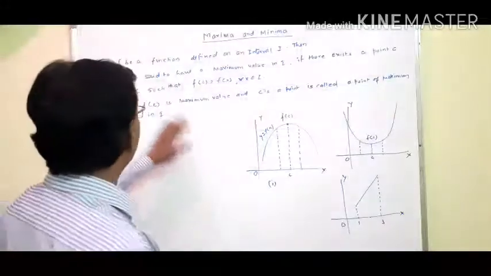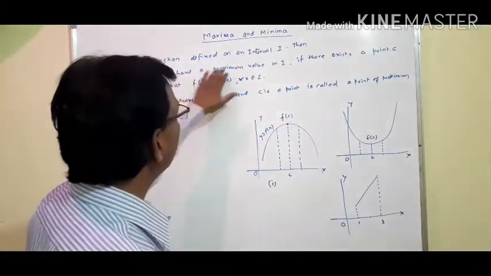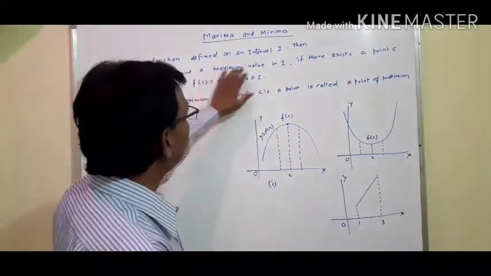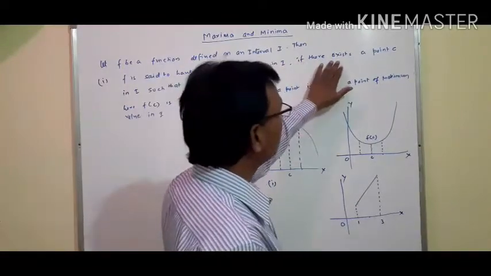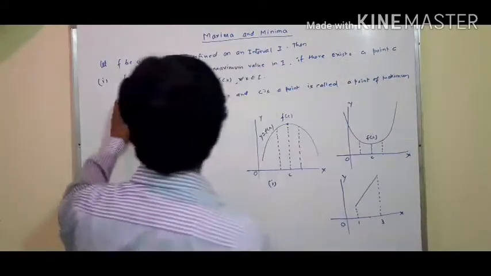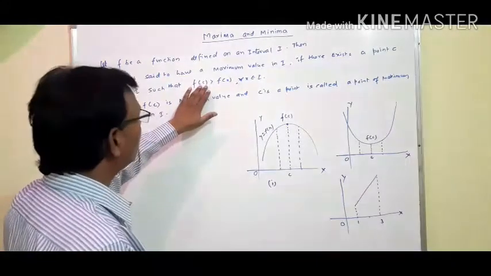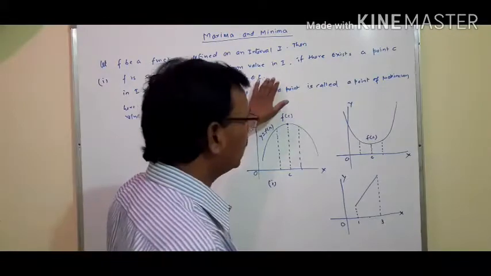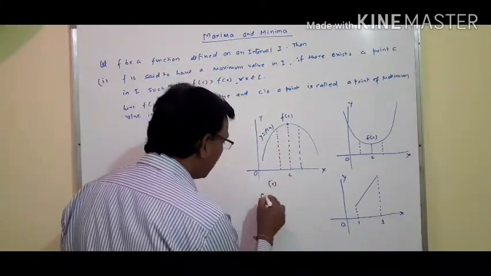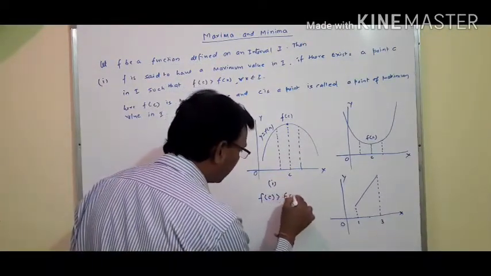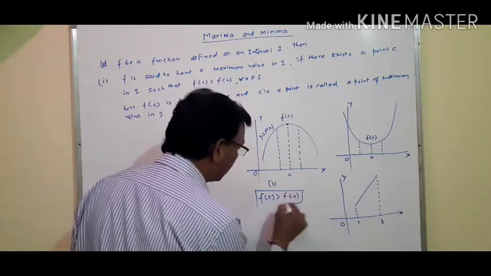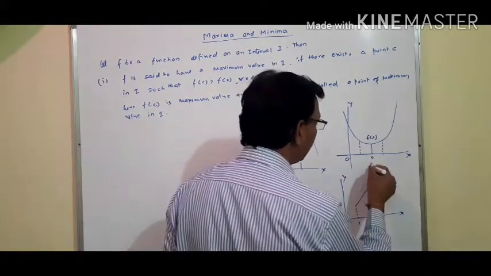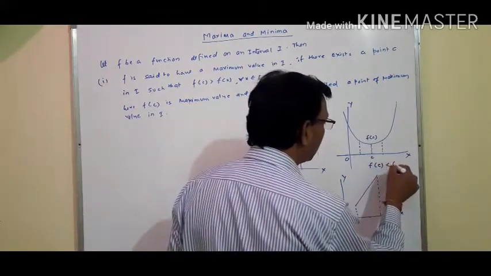You can define it like this: f is said to have a minimum value in I if there exists a point C in I such that f of C is less than f of x for all x belonging to I. Here the condition of maxima at point C is f of C greater than f of x, and here the condition is f of C less than f of x.